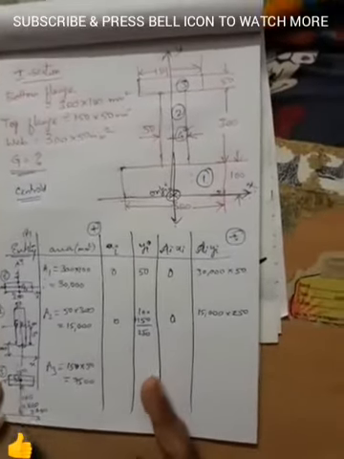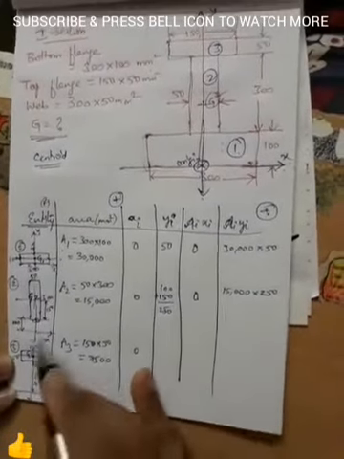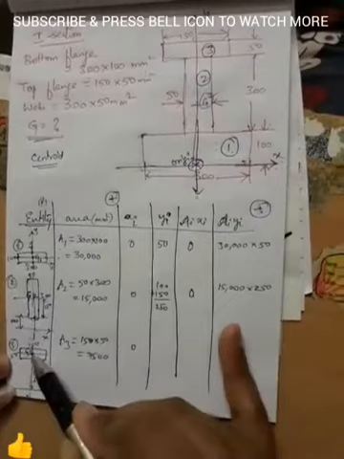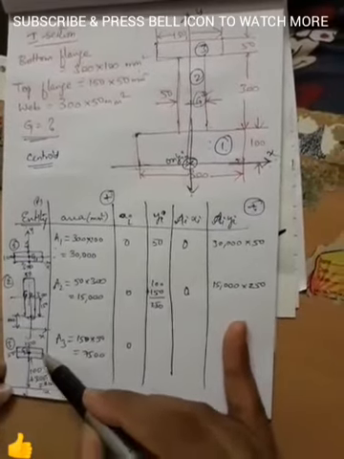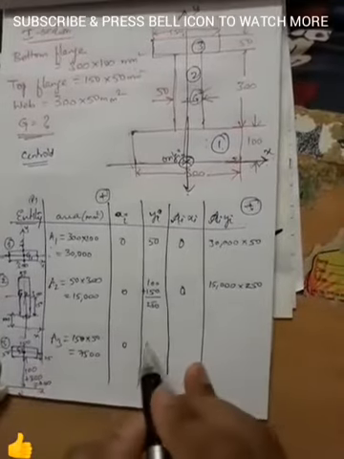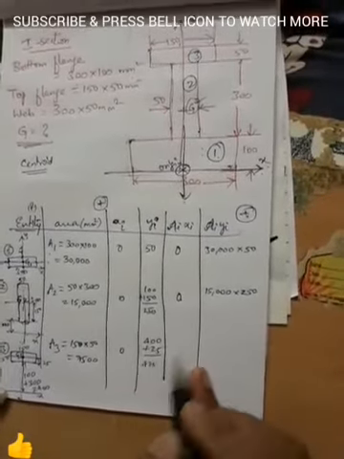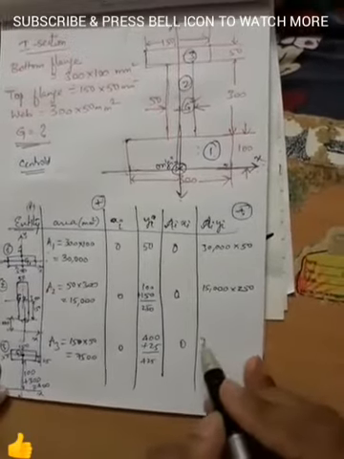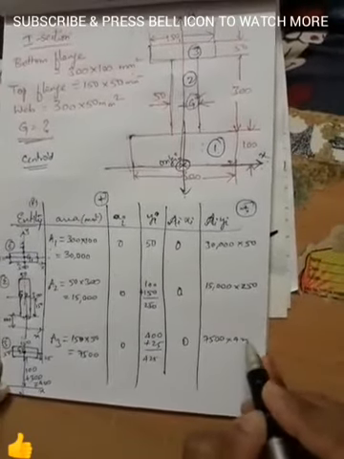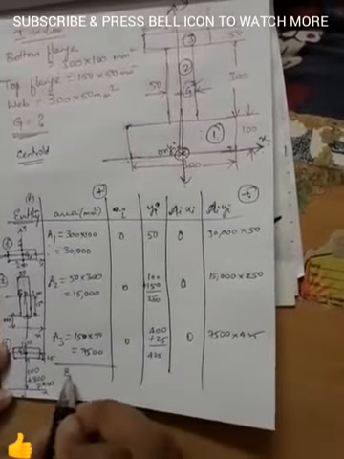Since G3 is also along the y-axis, we have x3 to be 0. And what is y3? This particular location is at 400 plus 25. 50 by 2 is 25. So it is 400 plus 25, which is 425. Now 7,500 into 425.